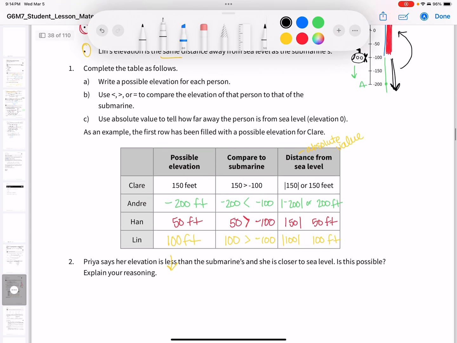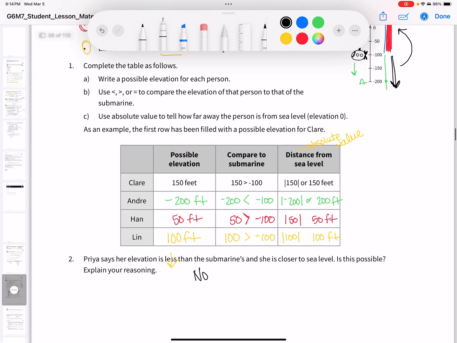That doesn't make sense. So no, it is not possible. You can either be less, like lower, or you can be closer. You can't be both. So lower or closer, not both.